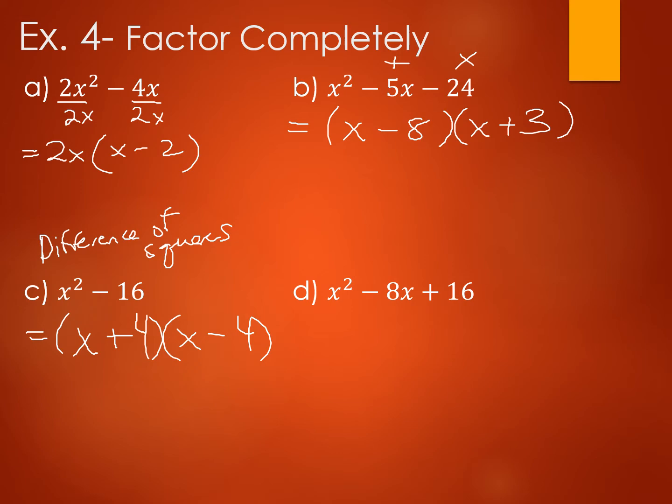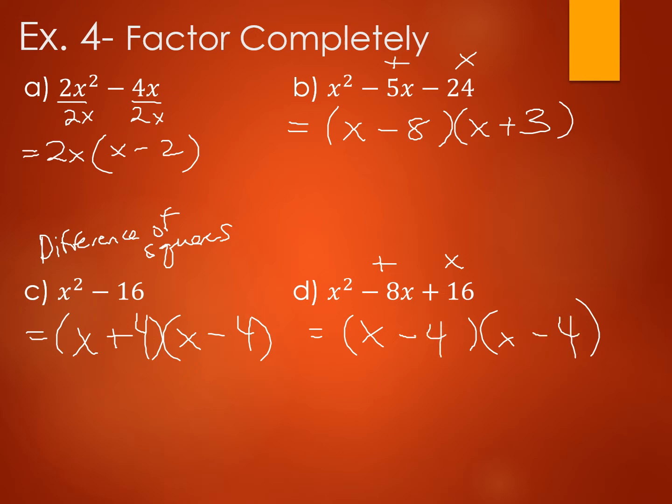The next one, no common factor other than 1. Are there 3 terms? Yes. This is a simple trinomial. X and x, you want 2 numbers that multiply to 16 and combine to negative 8. Again, if you want to pause, see if you can come up with it on your own, that's fine. Hopefully when you try it on your own, you got x minus 4 and x minus 4.